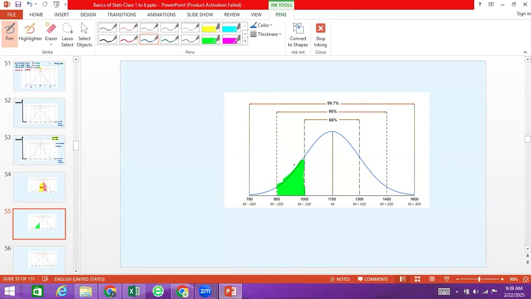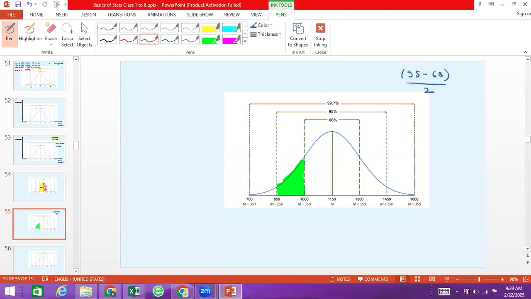So what I can do is simply say 95 minus 68, divided by 2. Is it correct or not? Yes, that looks correct.